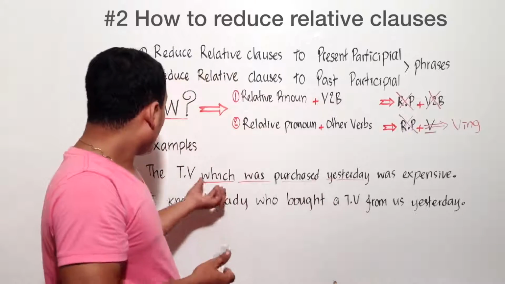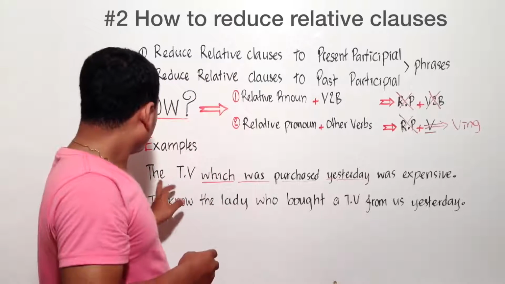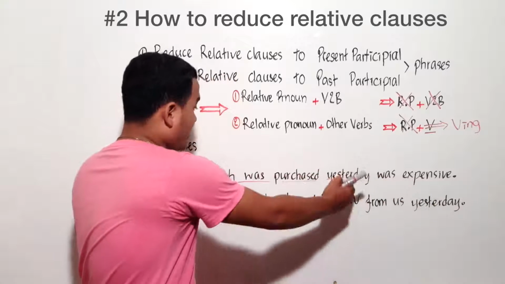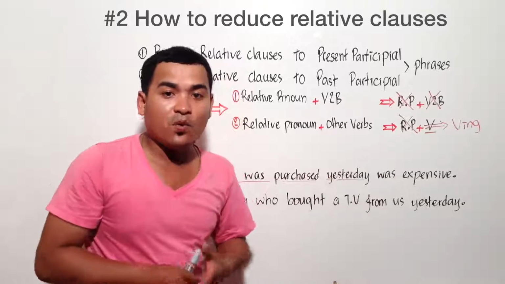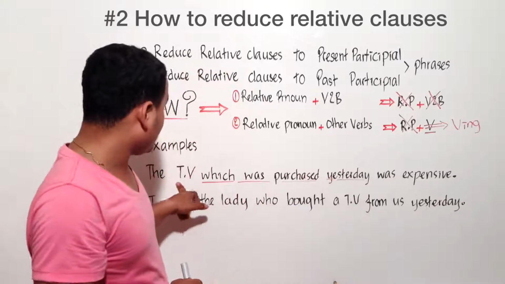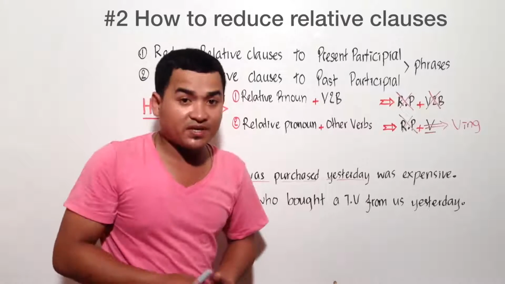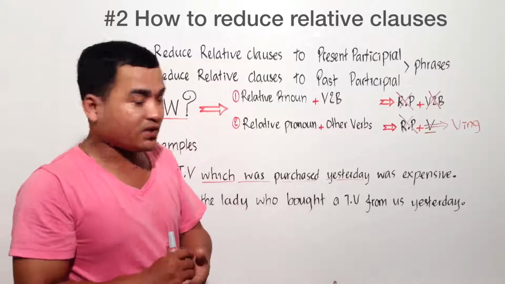It begins with which. Actually, the sentence is the TV was expensive, but the relative clause gives you more information about the TV. So which TV? The TV that was purchased yesterday. It tells you more information about the TV.